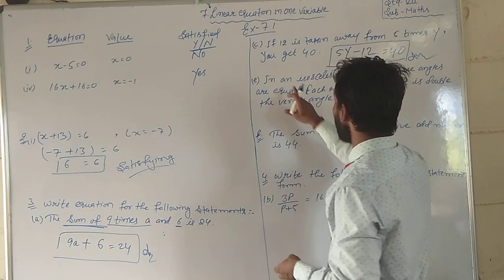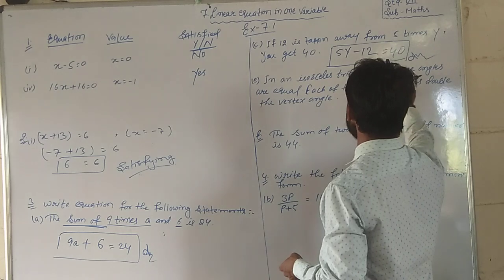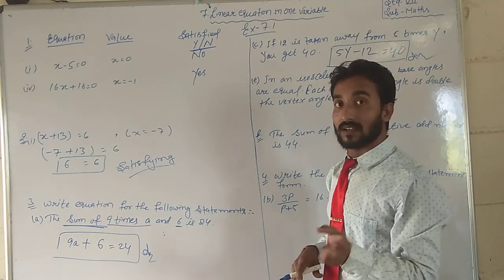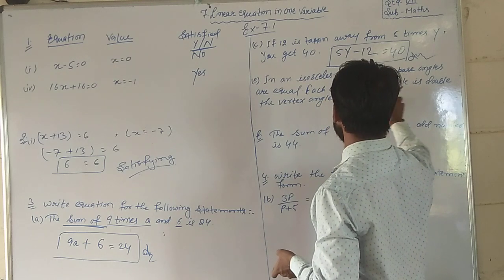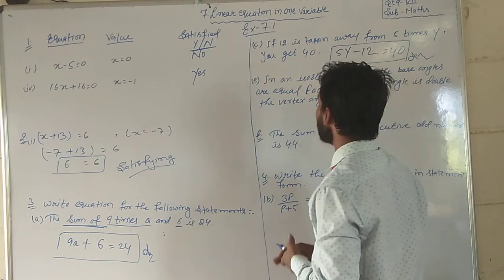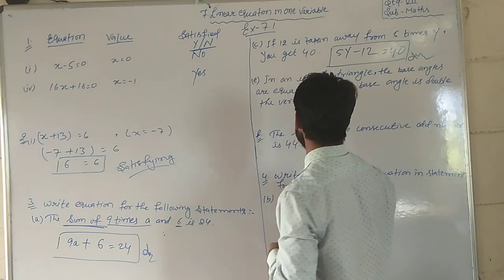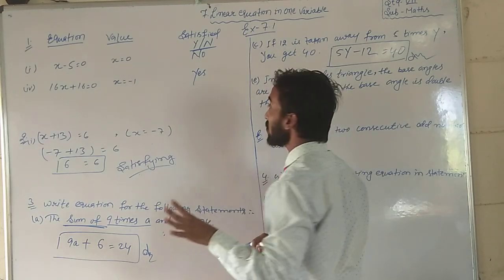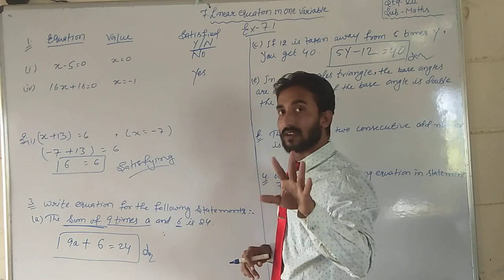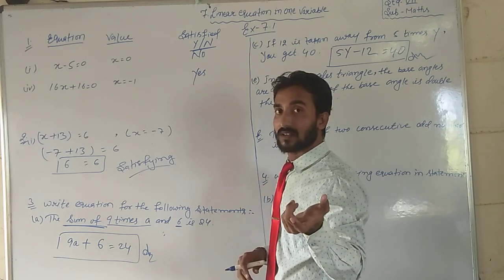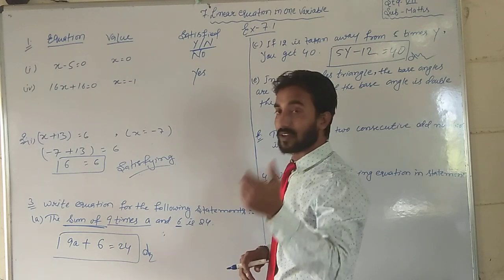Okay. See, in an isosceles triangle, the base angles are equal. Each of the base angles is double the vertex angle. What will be the equation? First of all, we know there are 2 base angles and 1 vertex angle in a triangle. Base angles are equal and the vertex angle is double.